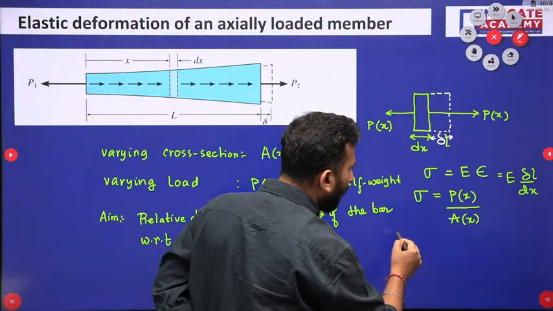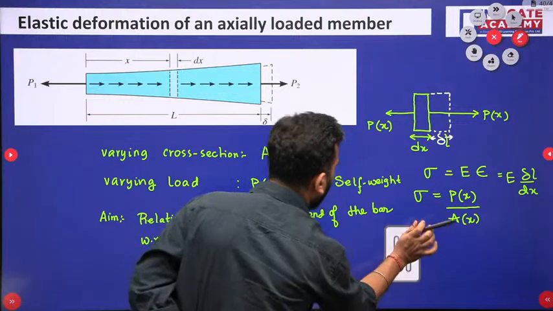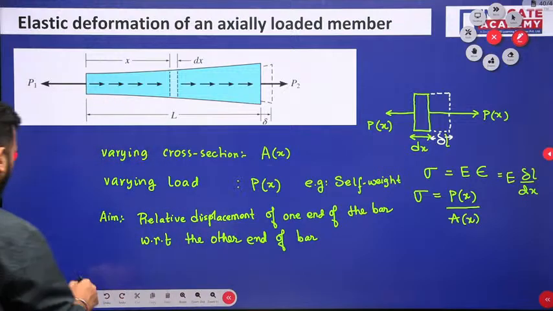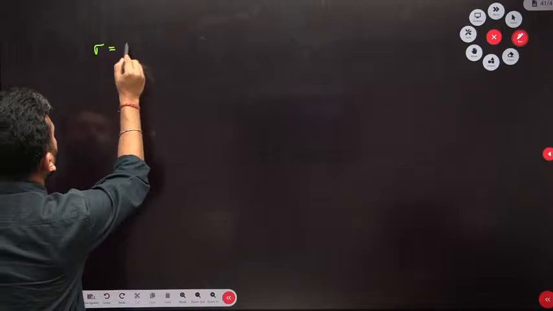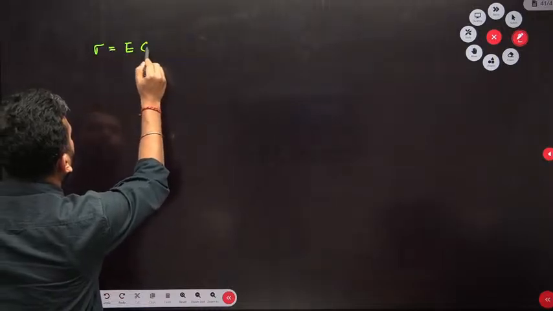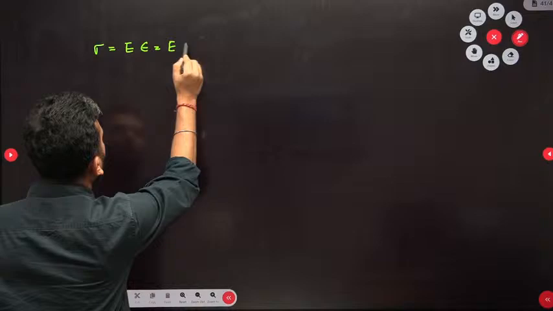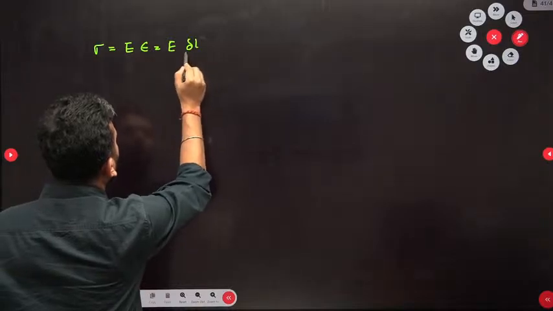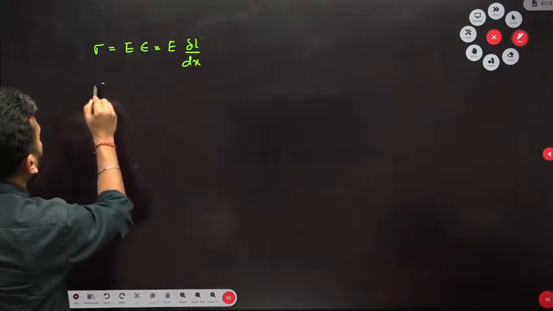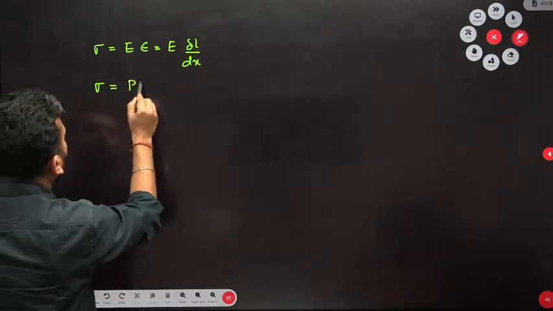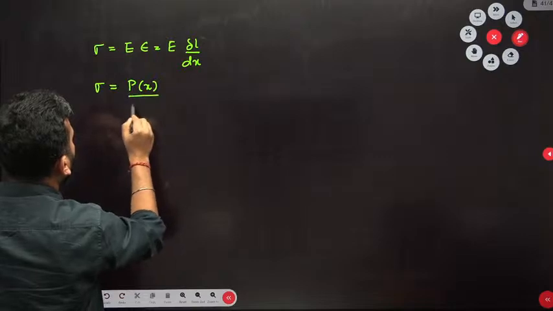So let me take on to the next page, no issues. So sigma is equal to Young's modulus into epsilon, and Young's modulus into del L by dx, and also sigma is equal to P of x by A of x.